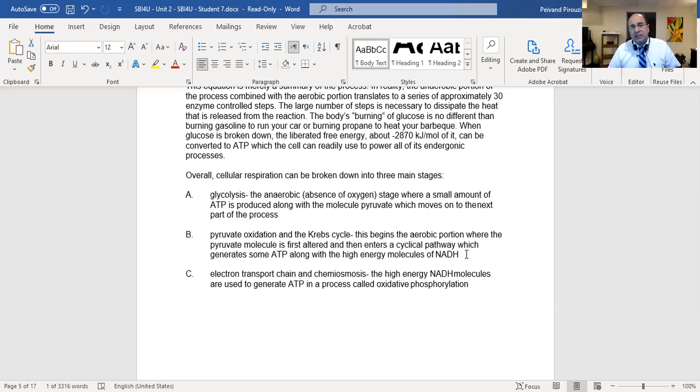Now it's obvious that we also need some other molecules for the proton transfer, for the electron transfer. Here we talk about FADH or we talk about NADH. These are just different names and different compounds necessary for the production of ATP.